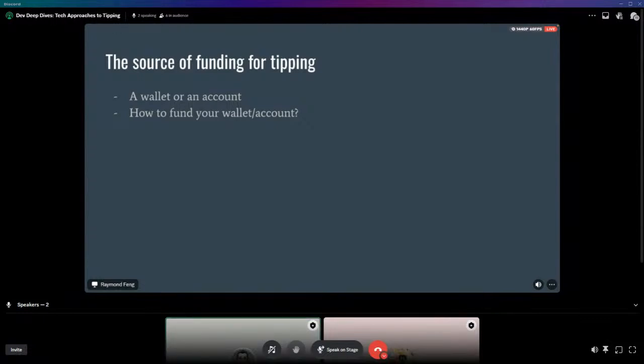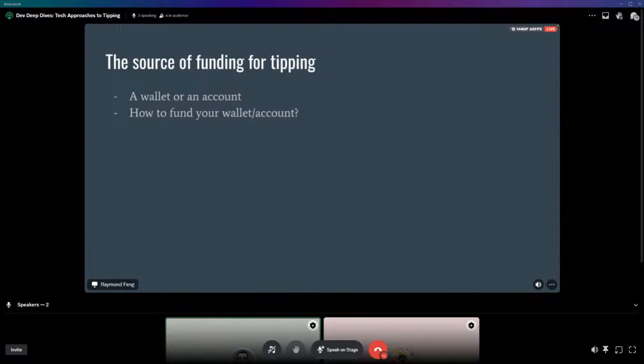That's one way. Another way is you do a fiat onboarding. So you pay with a credit card or debit card to a centralized provider, then they take that money and give you the corresponding digital assets or crypto tokens into your address. Then those assets will show up in your wallet, and you have full control of that. Okay.